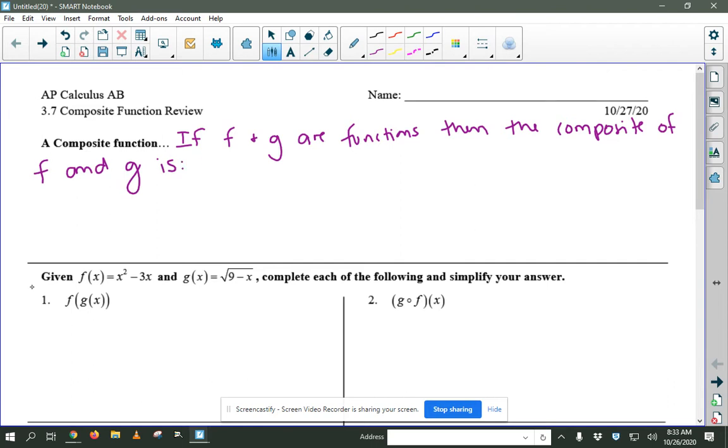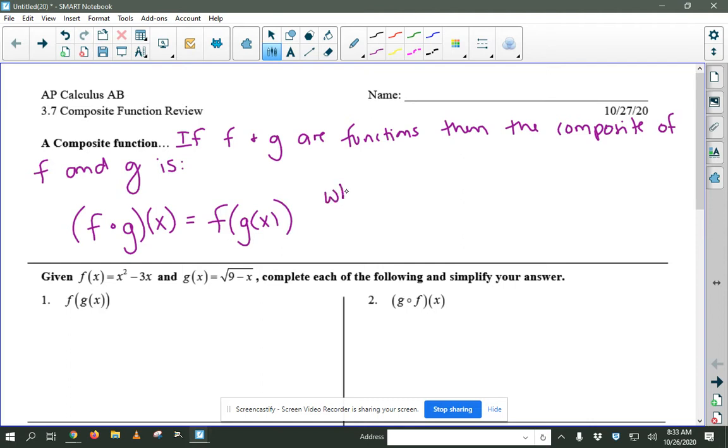This can be written two different ways. You can either write f little circle g of x, or you could write f parenthesis g of x. And those two things mean the same thing. That is the composite function of f and g.